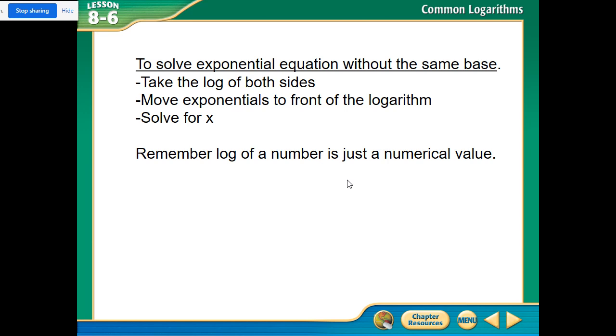So in order to solve that, we need to take the log of both sides, and then we move the exponentials to the front of the logarithm, and then we solve for x. Remember, a log of a number is just a numerical value. You can just type it into your calculator and you can get a value for it. Sure, it's a decimal most of the time, but it is a decimal that we can go ahead and move and manipulate, add to both sides, or subtract or divide or whatever it is we need to do.